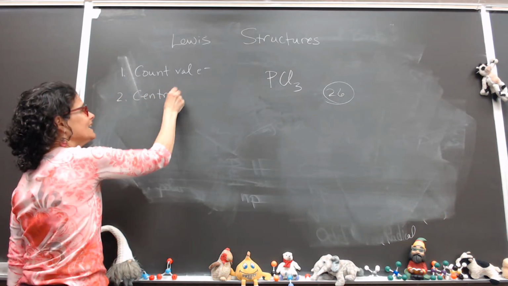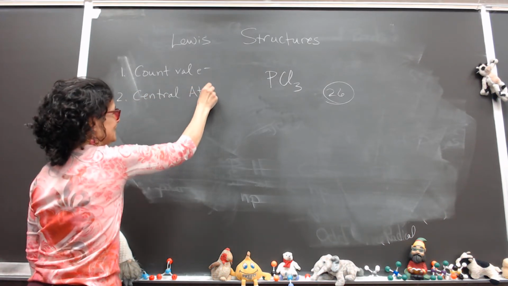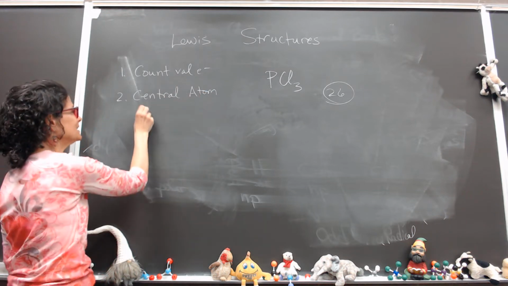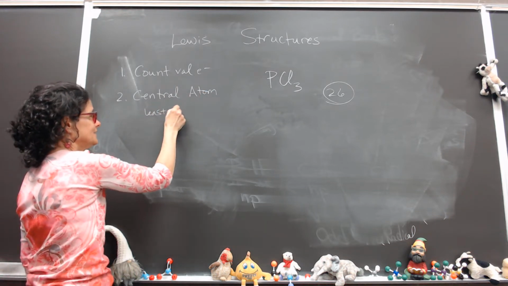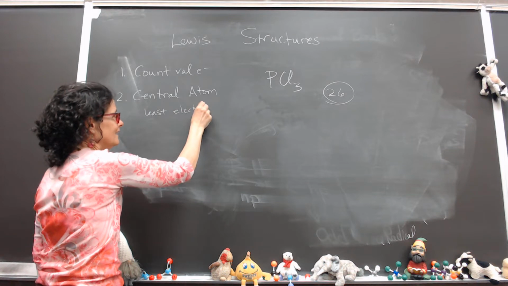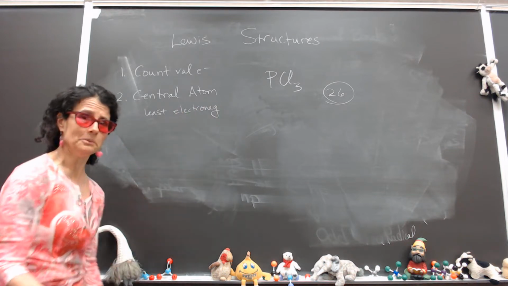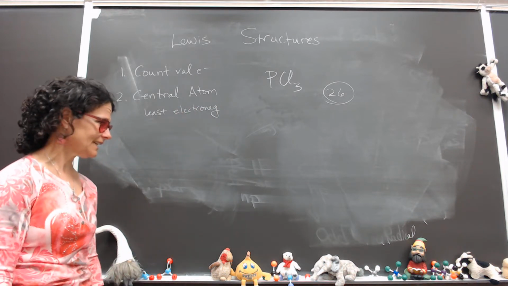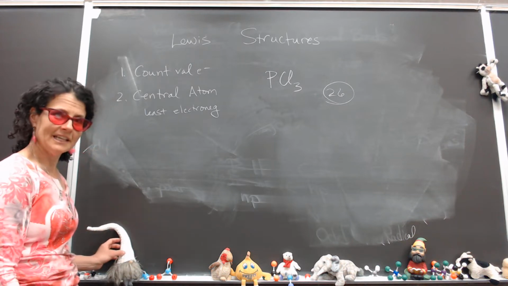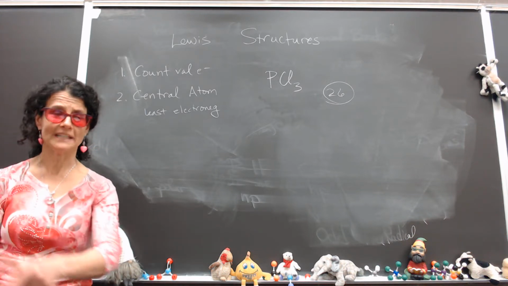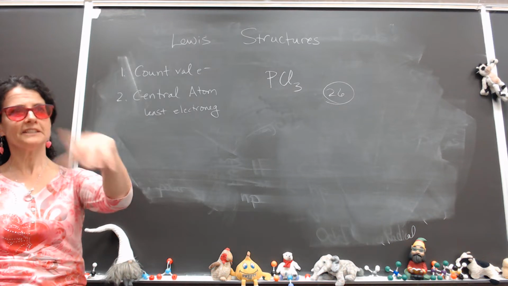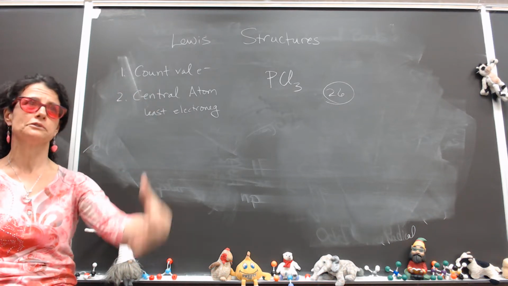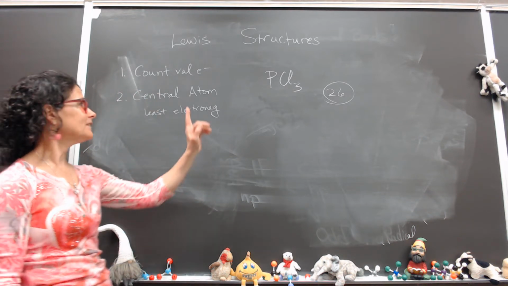All right, the second step is we want to find our central atom. And this is why the first video was about electronegativity. The central atom is the least electronegative. So, does anybody remember what element is the most electronegative on the periodic table? He says it's fluorine, and he is right. Whichever of these two, phosphorus and chlorine, is closer to fluorine would be the greedier one.